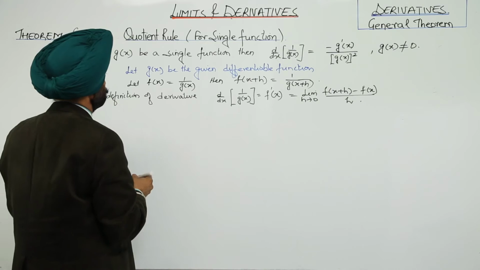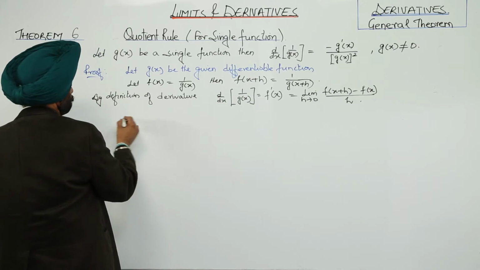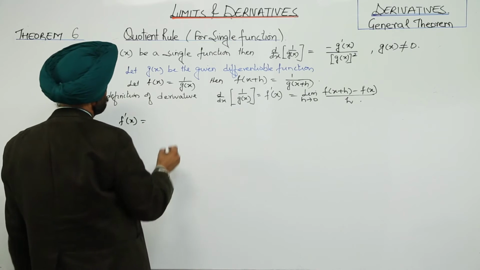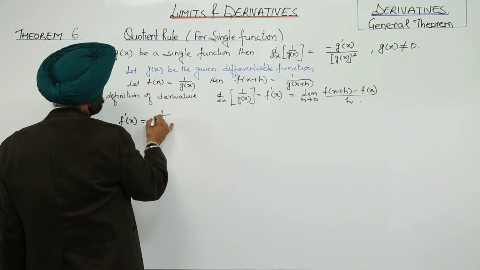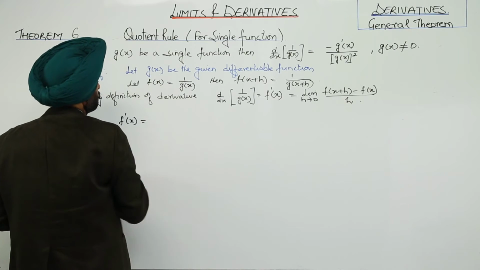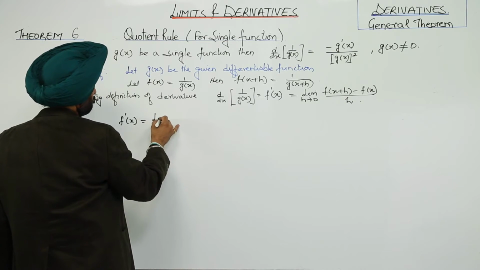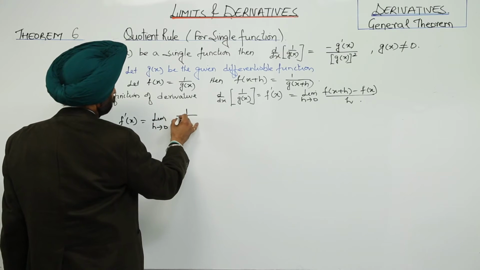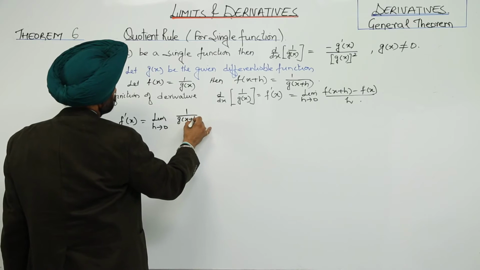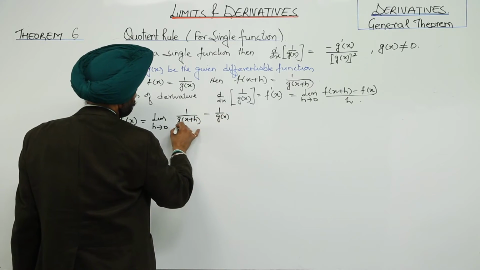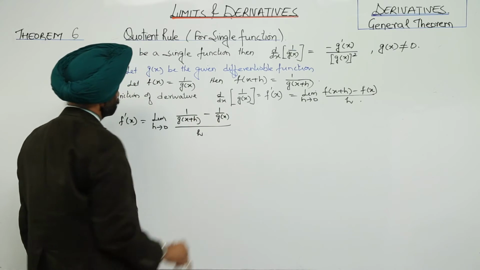Now f derivative x is equal to, sorry, I forgot to put the limit. Then limit h approaches to 0, 1 upon g(x plus h) minus 1 upon function of x, g(x), upon h.